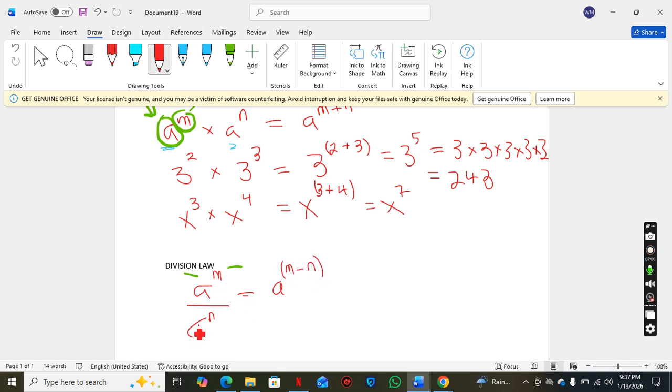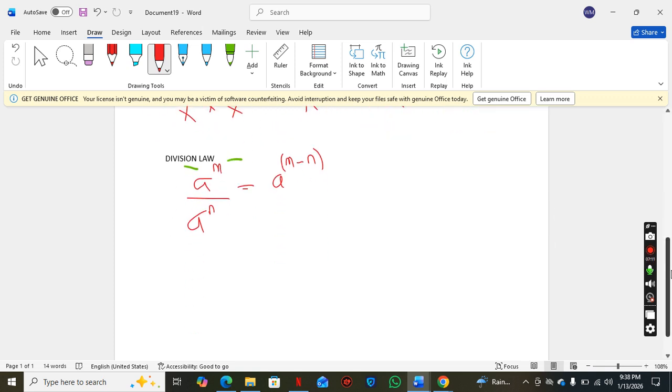We are dividing the same bases, so you subtract the indices, or the powers. For example, if you have 3 to the power 5 over 3 to the power 2, same bases here, so this is the same as 3 to the power 5 minus 2, which gives us 3 to the power 3, which we can simplify to 27.